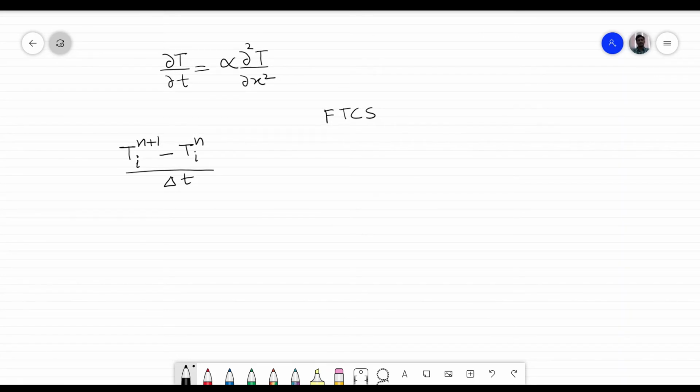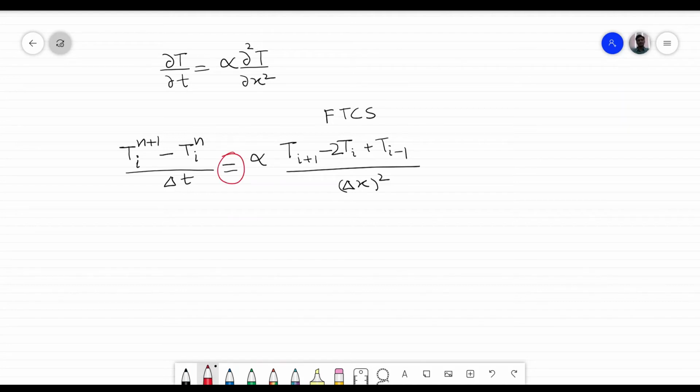Okay. On the right hand side, we get T i plus 1 minus 2 T i plus T i minus 1 by delta x square. And this is an approximation. This equal to sign that you see here is not correct.